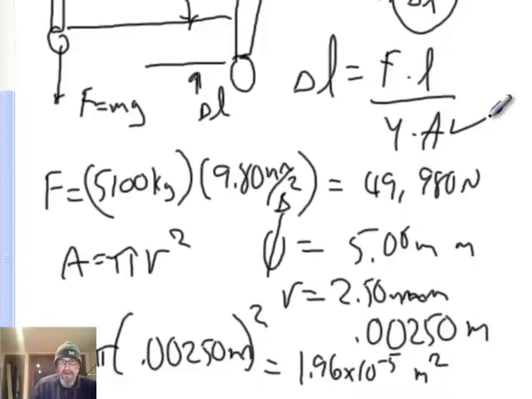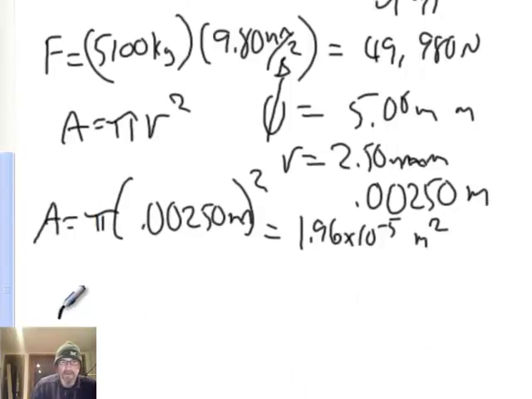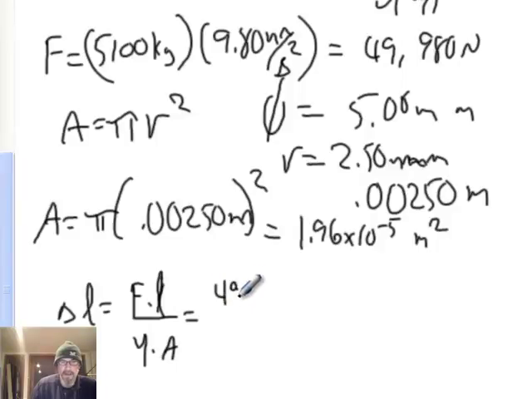So now we have area, we have force. Young's modulus was given to us, and so was length. So now we can quantify what delta L is. Delta L is F times L divided by Young's modulus times area. So our force, well, that was 49,980 newtons.